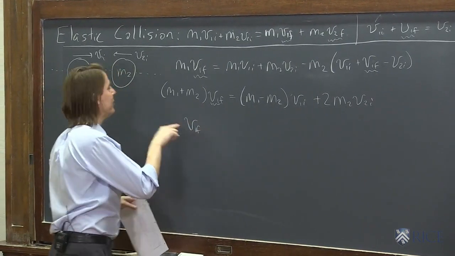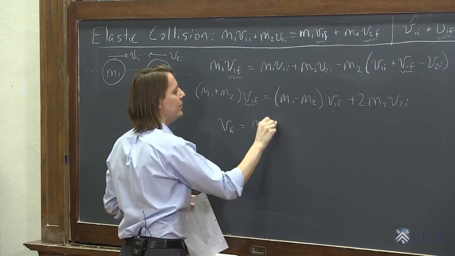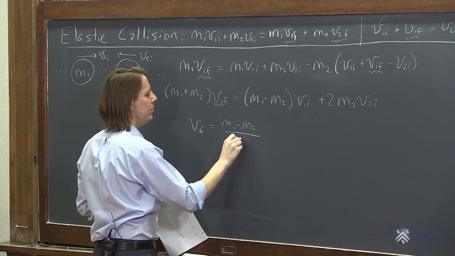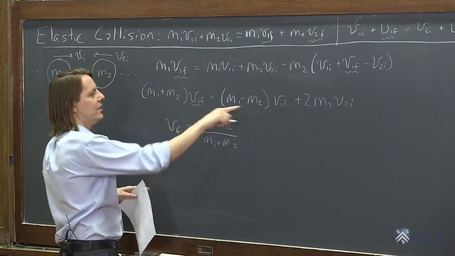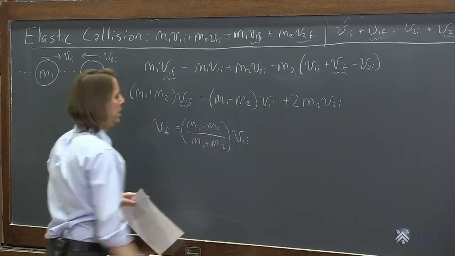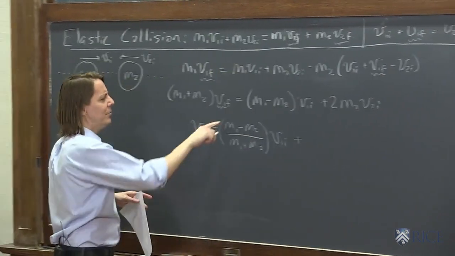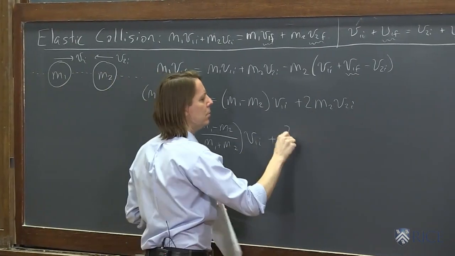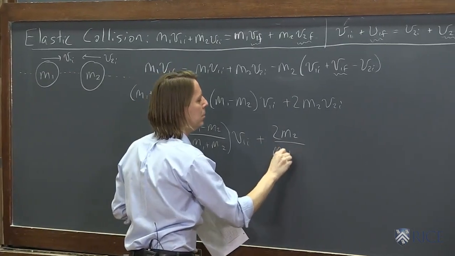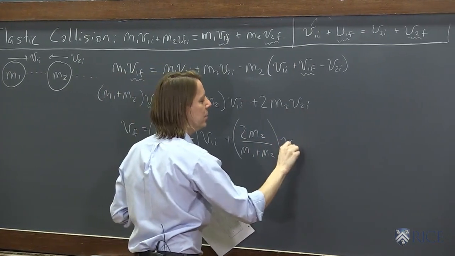So this is the real deal. Mass 1's final velocity in this case is M1 minus M2 over M1 plus M2, and all that times V1 initial, plus, it's got two big terms, 2 M2 over, again, the sum M1 plus M2, and all that times V2 initial.